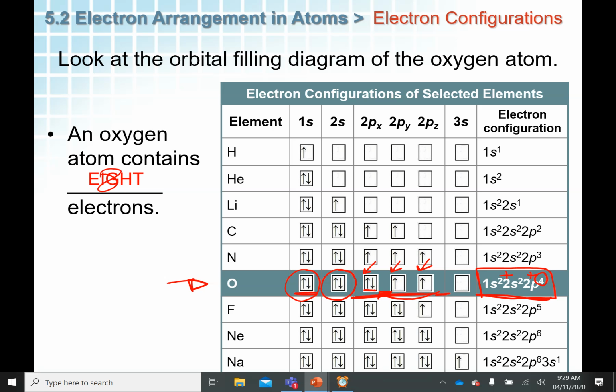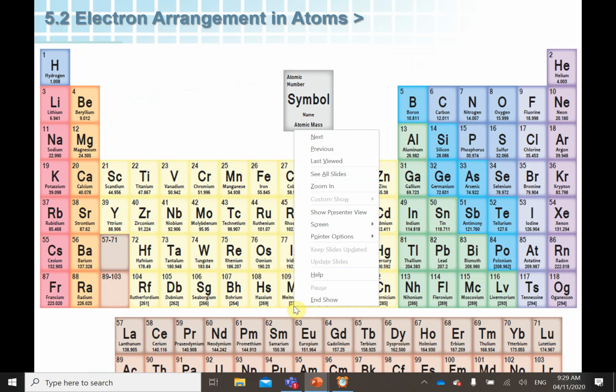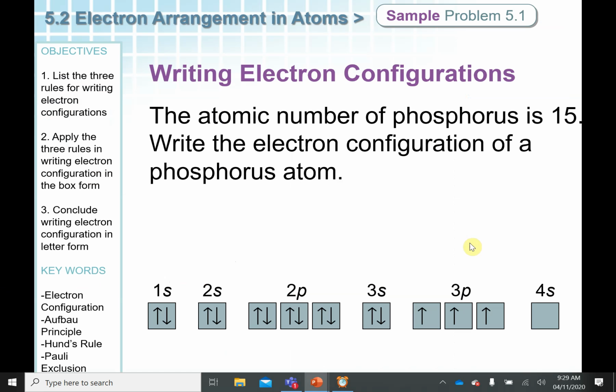What we are going to do now is practice some questions to assure our understanding. So let's see our first example. Our example says, what is the electron configuration of phosphorus? This is what we need to find.